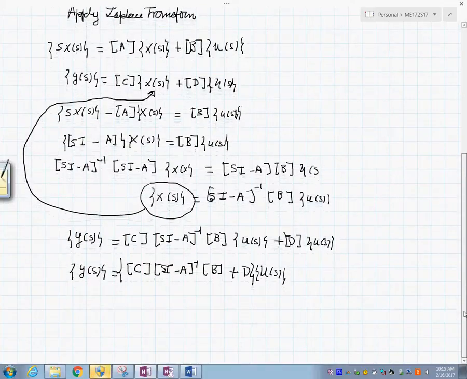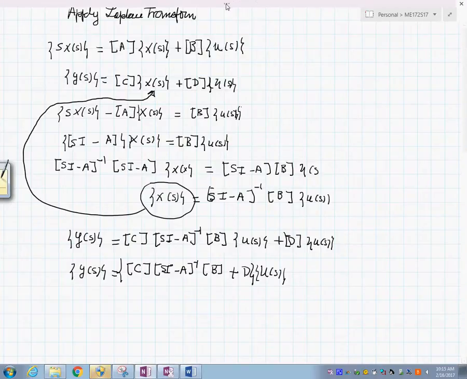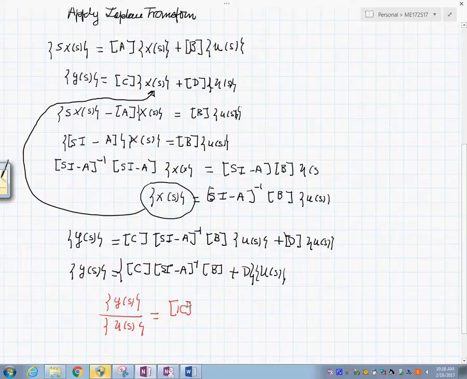If this is the case, then it follows that we can write this ratio that we are looking for: y of s over the vector u of s is equal to the matrix C times the matrix (sI minus A) inverse, then B, plus D. Wow, this is the set of transfer functions.